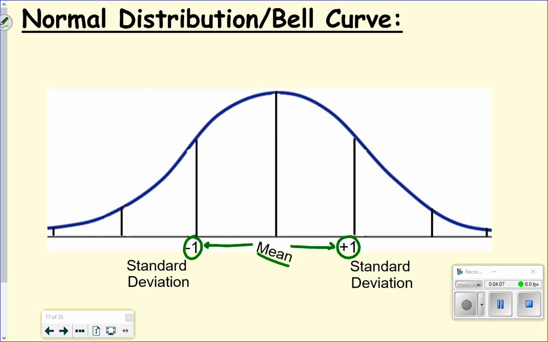Let's just finish the rest of this first. I think you can guess what's going to happen in the next 2 bars. A plus and -2. If you go 1 standard deviation above, maybe you go 2 standard deviations above. You go 1 standard deviation below, maybe you go 2 standard deviations below.